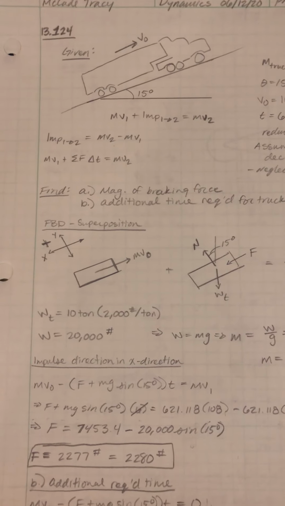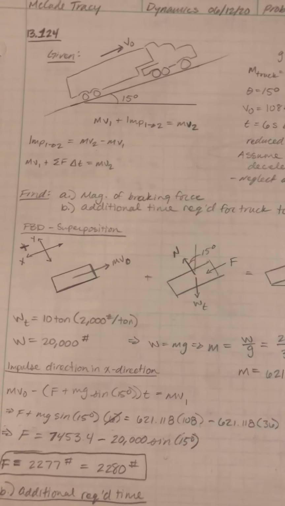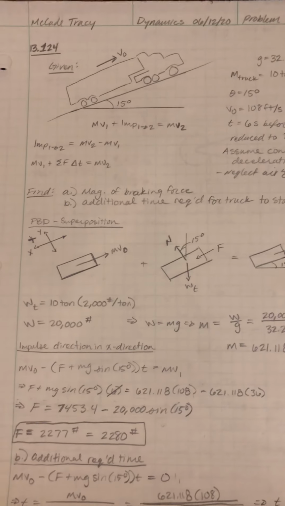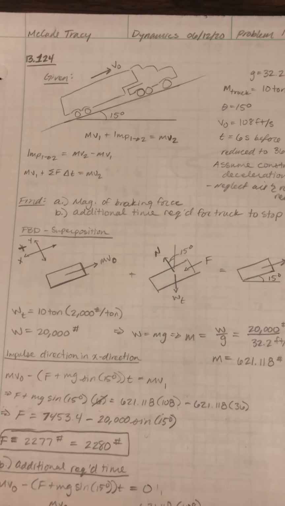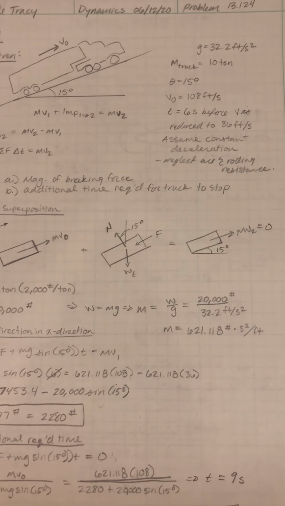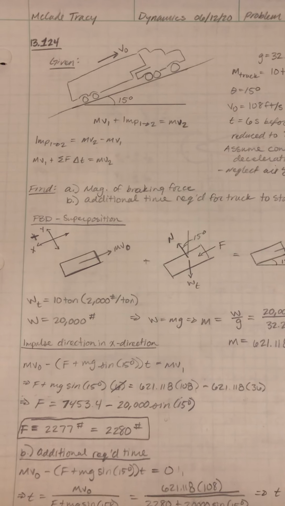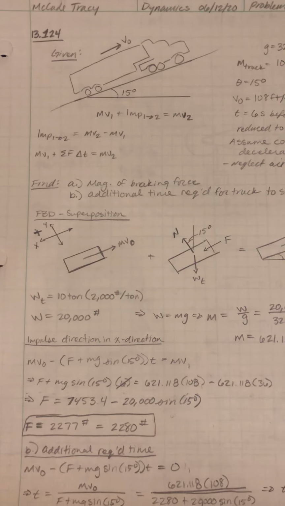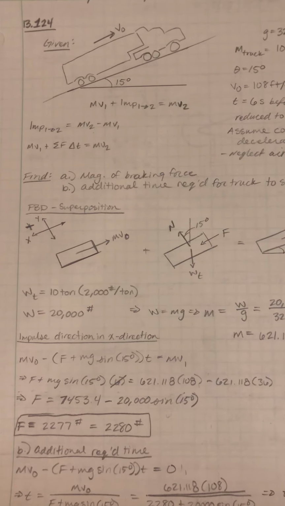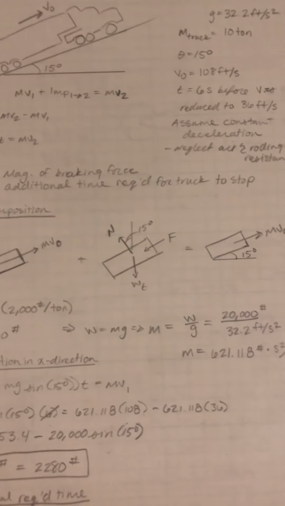Using a superposition and breaking it up into 3 separate free body diagrams, we're able to see things a little bit clearer. So there we have all of the forces that are acting on the cab of the truck, actually on the trailer. We find that the weight of the trailer is equal to 20,000 pounds.